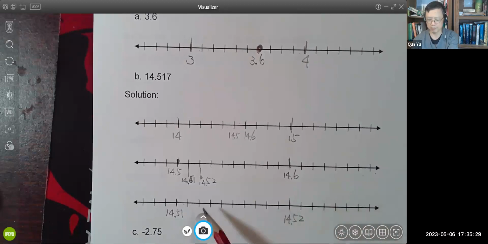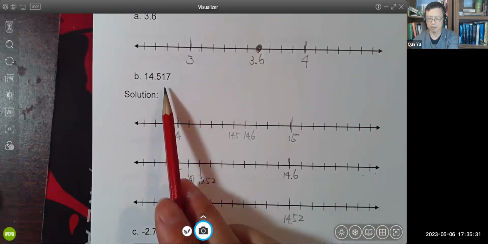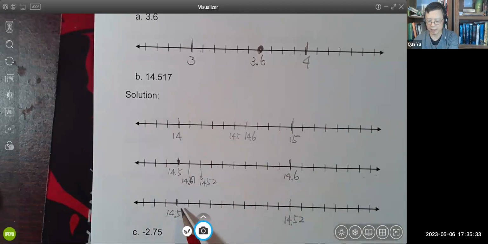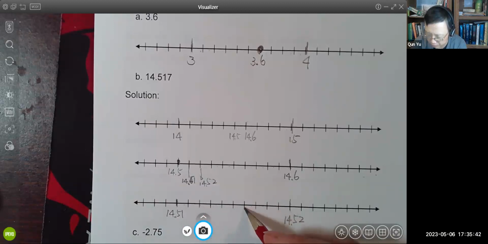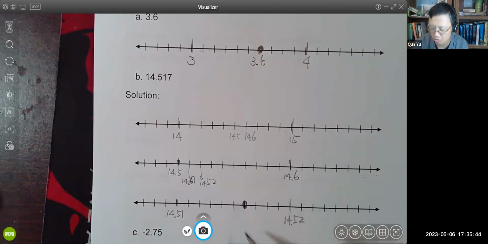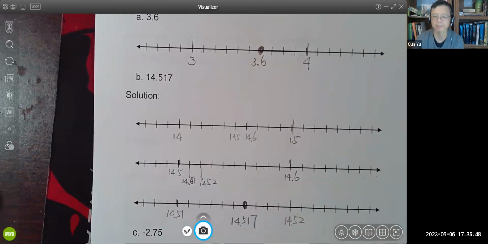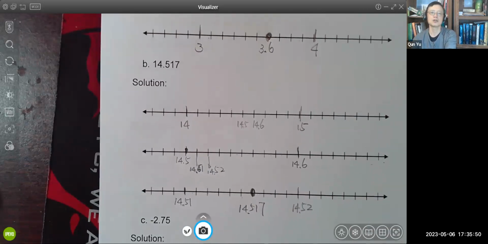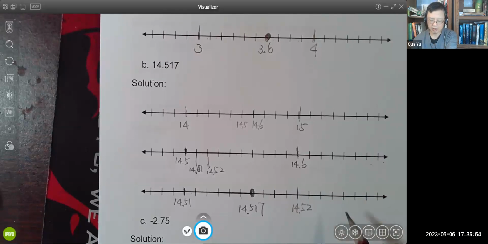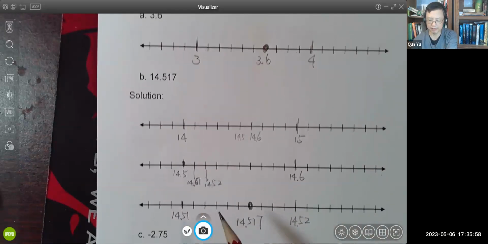Ours is in between. So ours is 14.517. So 14.51, 52, 53, 54, 55, 56, 57. So eventually this is our graph: 14.517. So when you actually draw a decimal using a number line, you only need this one. You just need to start with 14.51.